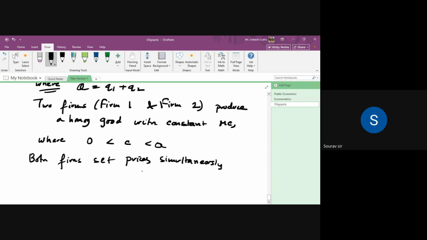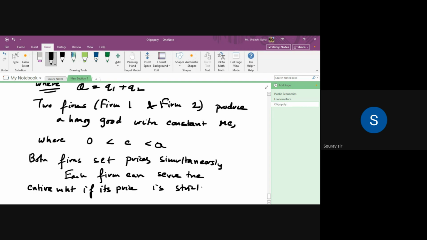So it's a Bertrand. Each firm can serve the entire market if its price is strictly lower.